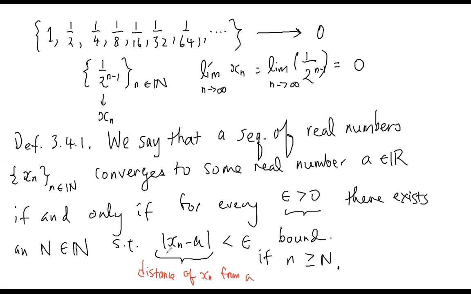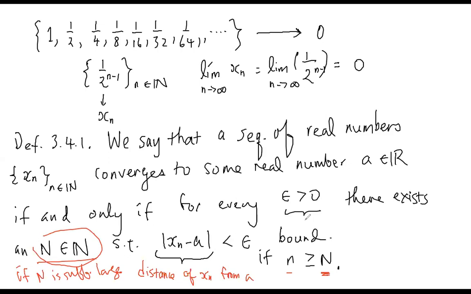So it just means the distance of xn from A cannot exceed epsilon. If n is sufficiently large, there is a threshold value. If your index exceeds that value, you are sure that your xn cannot go away from A by more than a certain amount, epsilon.